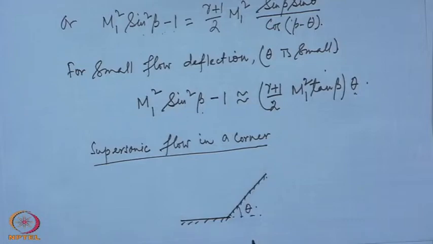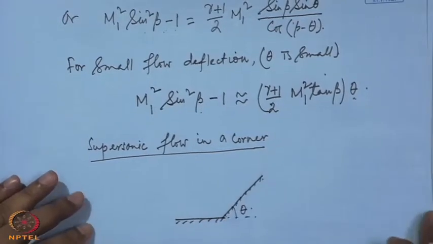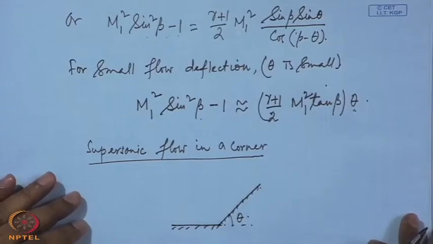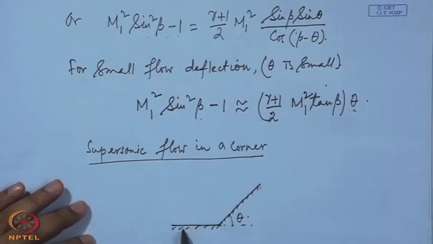We know that the inviscid flow boundary condition enforces that the flow must be parallel to the solid wall.